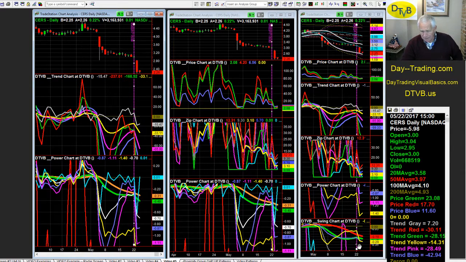But you may not be able to see it, but the swing blue line is crossing underneath the green line, and it was above it before the last 4 or 5 days. And I think you've all heard me talk about the connection between the swing green, swing red, and swing blue. The swing blue being the crossover line, and when it crosses over green and goes down, it's in a downtrend.